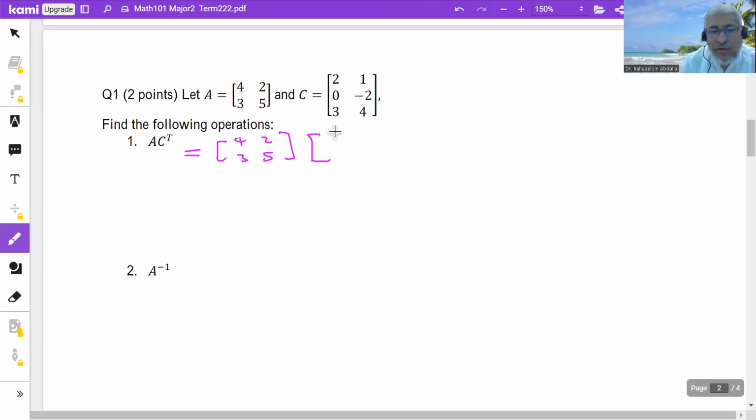So 2, 1 is the first row, and it would be the first column in C transpose. 0, -2 is the second row, and it would be the second column in C transpose, and then 3 and 4. So this is C transpose, okay? You change the rows of C into columns.